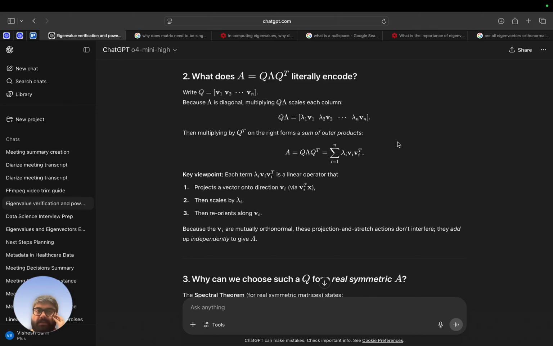Q lambda is essentially multiplying each eigenvector with its associated eigenvalue, and then A equals Q lambda Q^T, which is essentially the sum of the outer products.